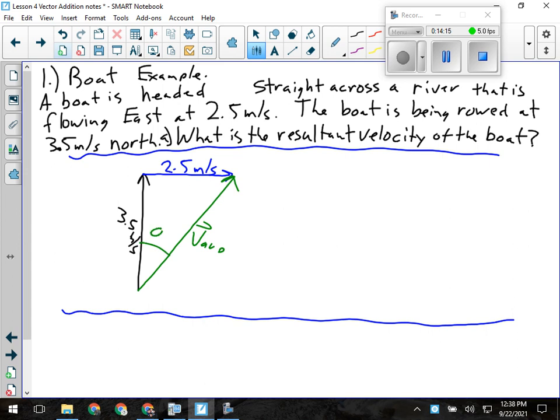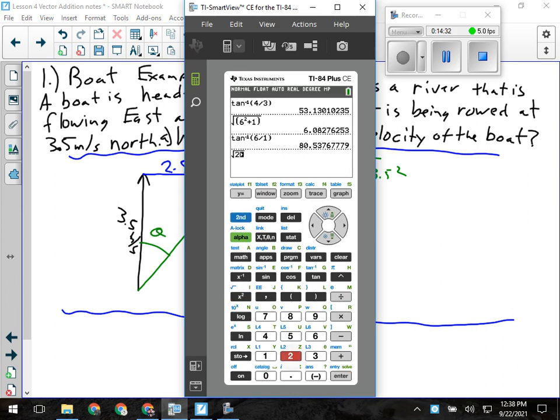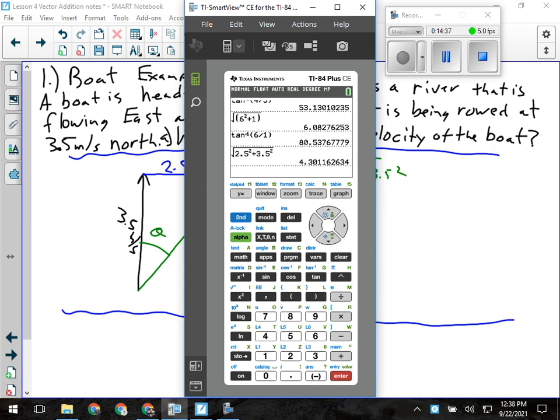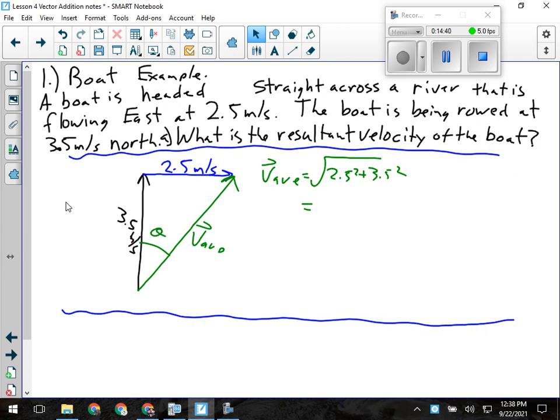All right, so if I want to find the average velocity, I need the hypotenuse and I need the angle. So all I have to do is go average velocity equals the square root of 2.5 squared plus 3.5 squared. All right, so we're looking at 4.3 meters per second for my average, or resultant, velocity, and my direction will be the inverse tan of the opposite side, 2.5, over the adjacent side, 3.5.